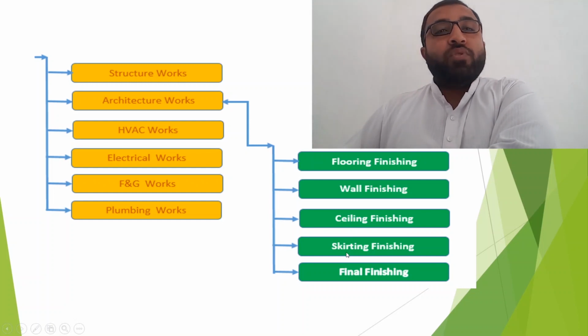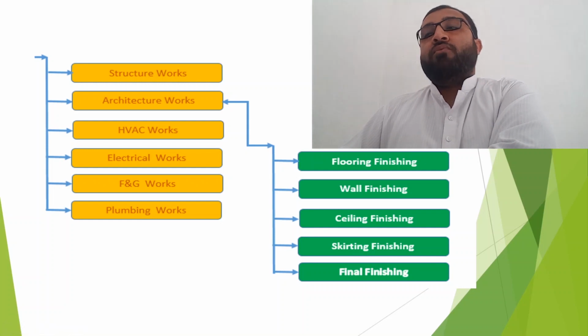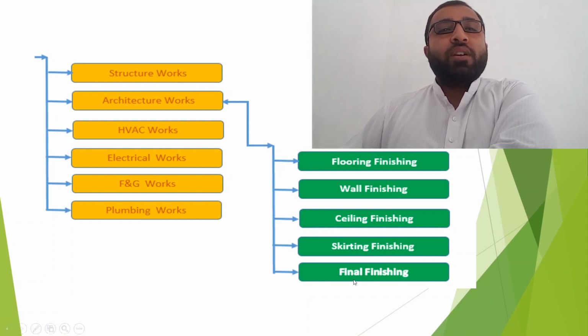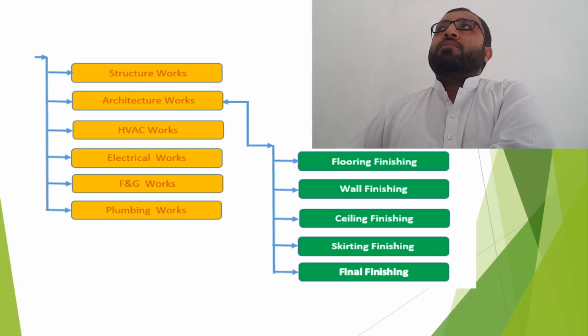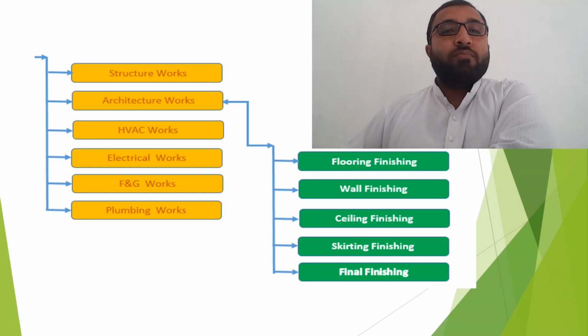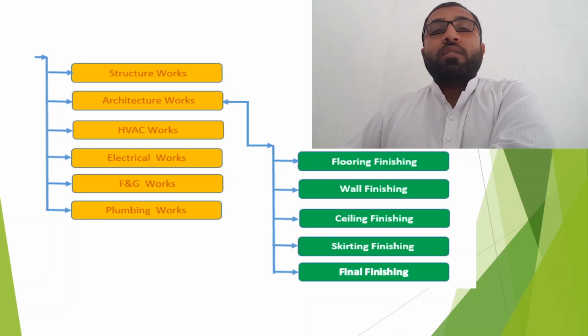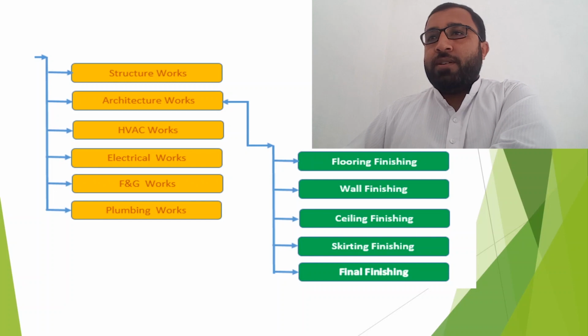All of the activities involved with the skirting will come under the skirting finishing. And the final finishing means the final touch up and the paint, the placement of the furniture, and also installation of some other utilities and equipment. Okay.